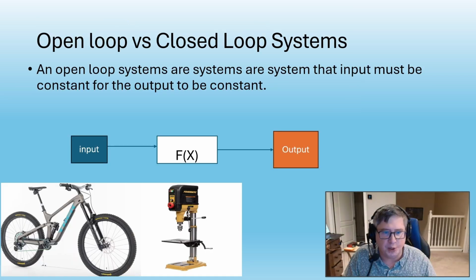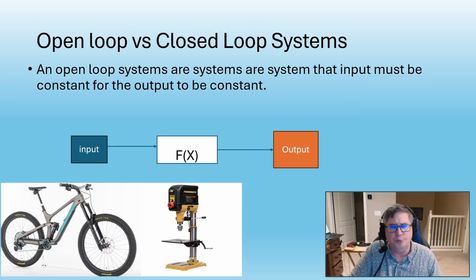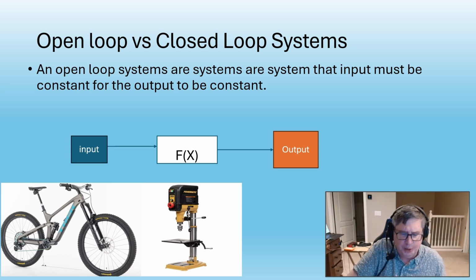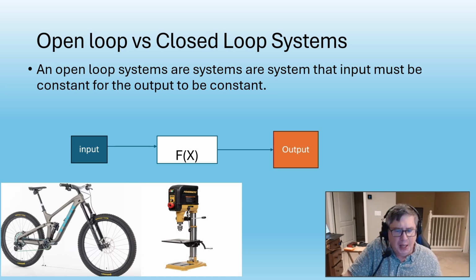So let's move on and talk about open loop versus closed loop. An open loop system is pretty much like a math machine. You put in input, something happens, and you get an output. The car that we drive is open loop machinery. However, the fuel system is not.